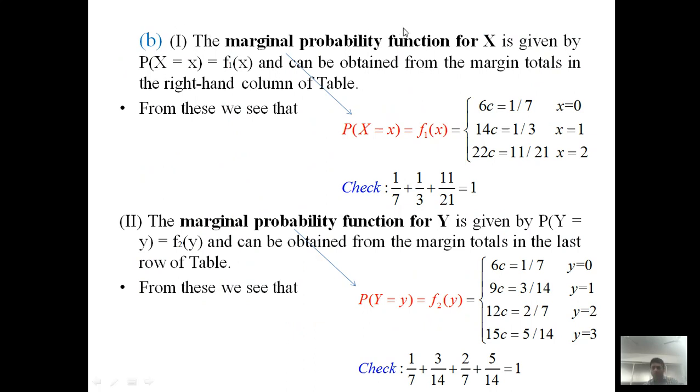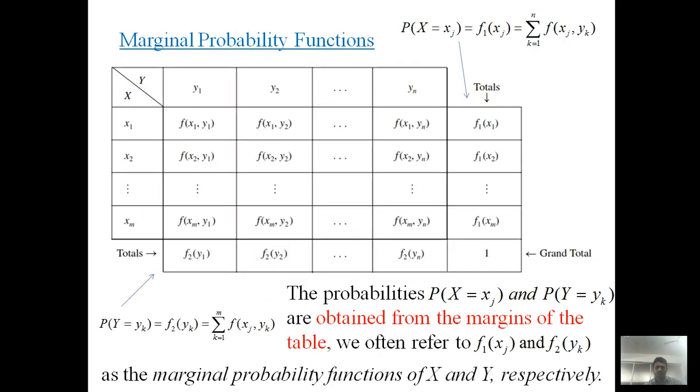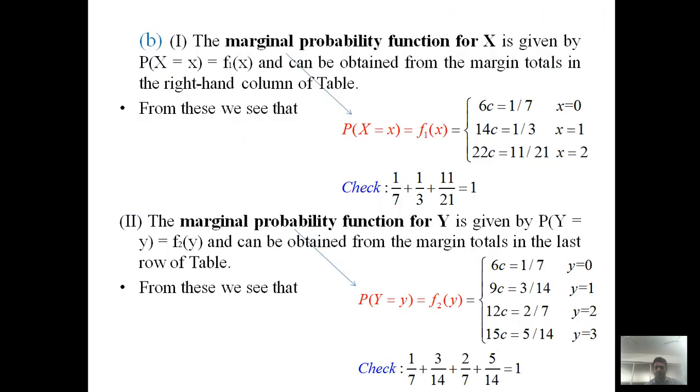The marginal probability function of x is given by probability of X equal to xj, which is just f1(xj), simply written as f1(x).